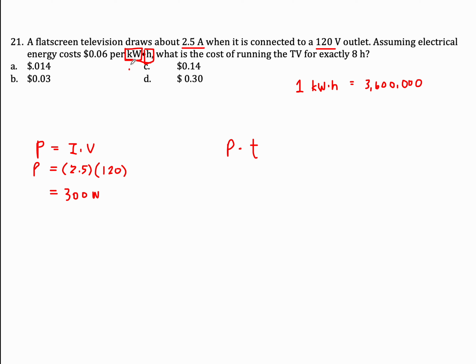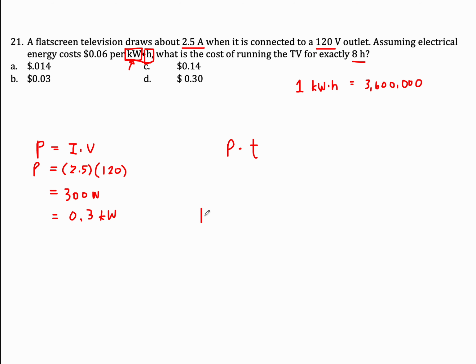But to use this equation, I need to convert it to kilowatts. A kilowatt is 1,000 watts, so I just divide by 1,000, and this ends up being 0.3 kilowatts. So how many kilowatt hours does it use? I just multiply the kilowatts it uses times the hours I'm using it, which is 8 hours.